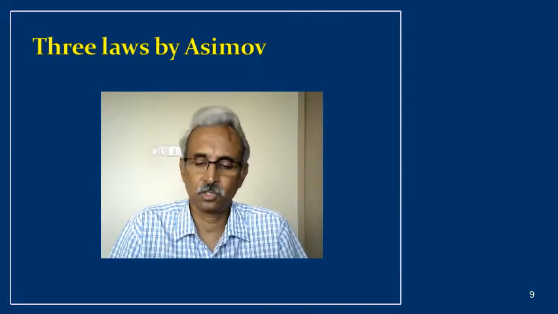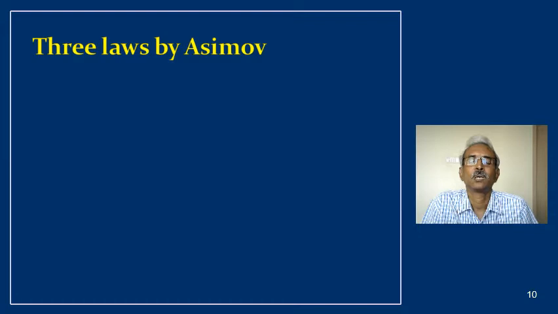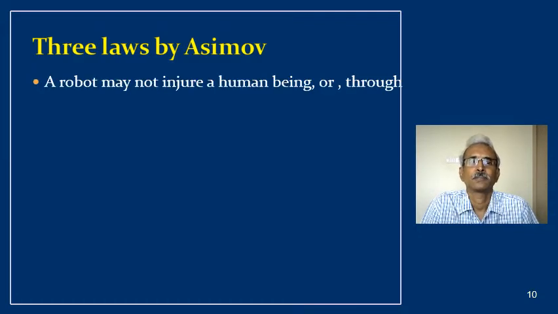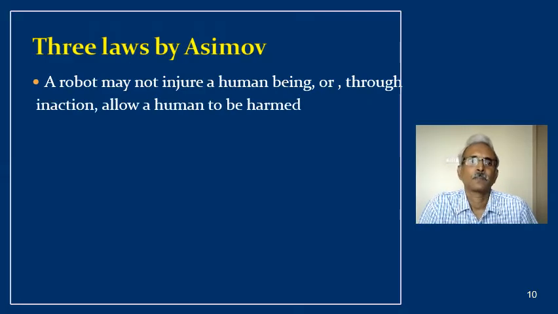So now see what are those 3 laws that Isaac Asimov insisted upon. The first is, a robot may not injure a human being or through inaction allow a human to be harmed. So you are very careful here. I'm elaborating a little here because it's very important.